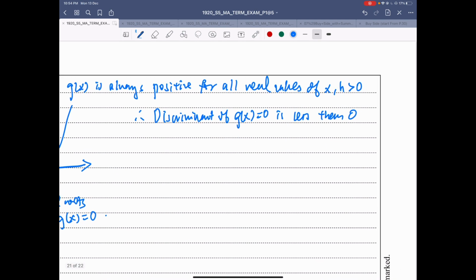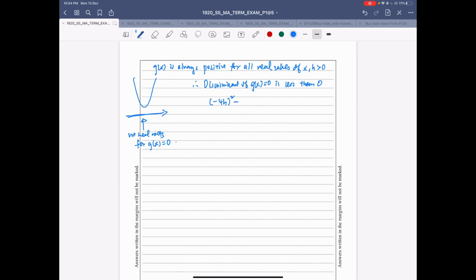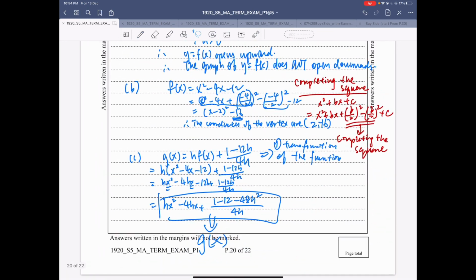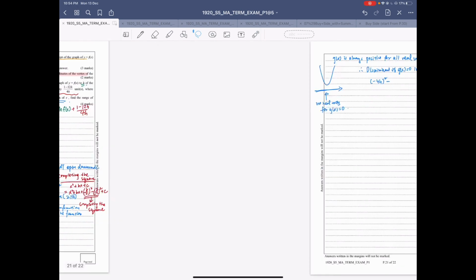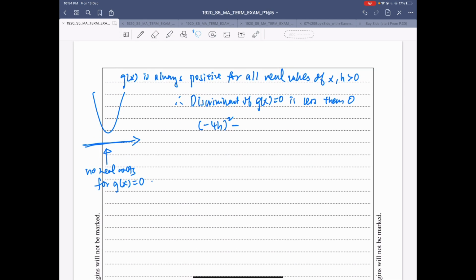So then we can use this to form a range of inequality, all right? Do you remember delta? The discriminant, b squared minus 4ac, right? Let me copy the equation here again, to save time.